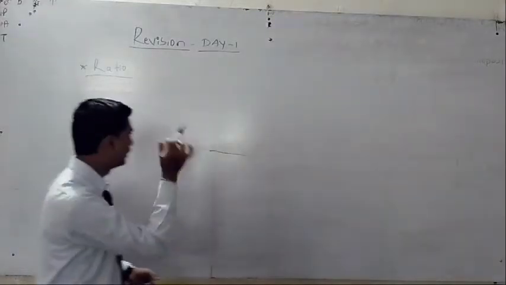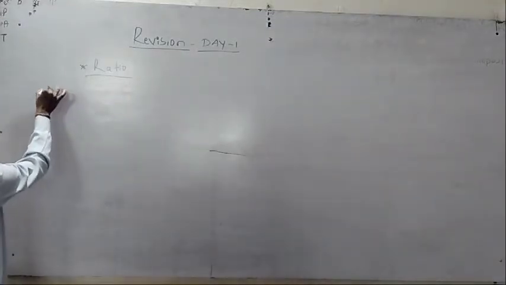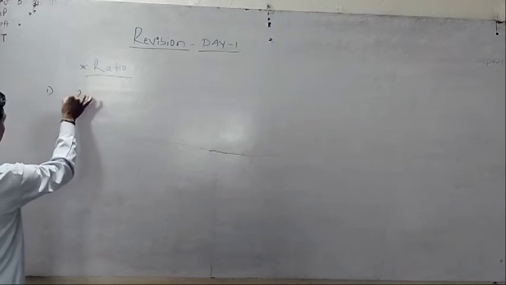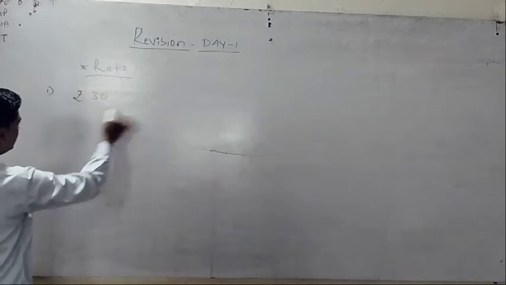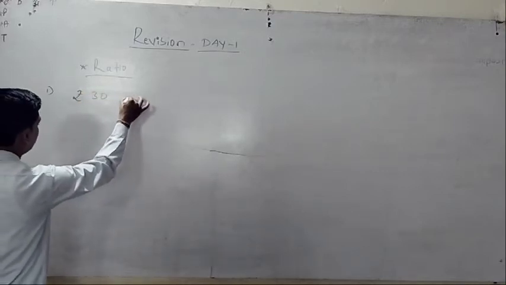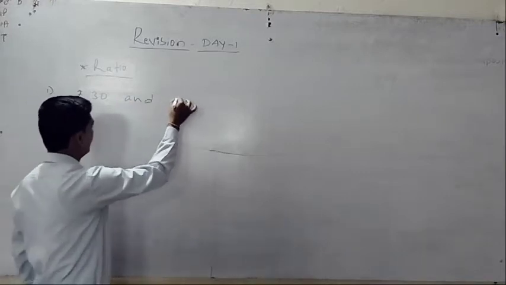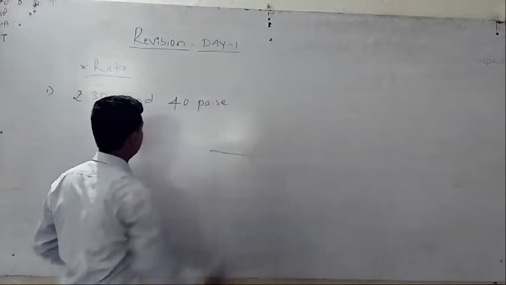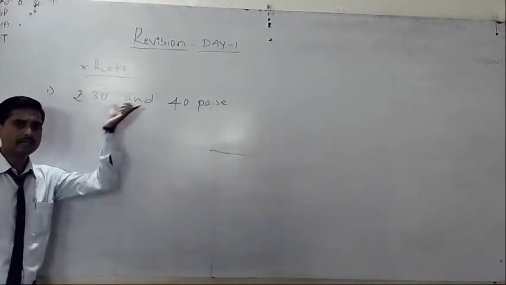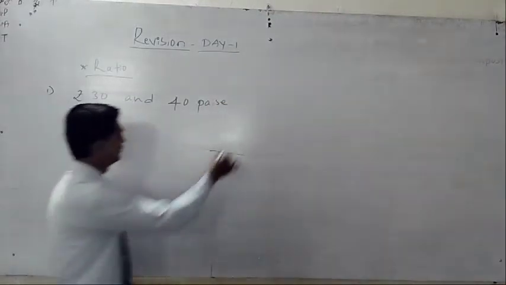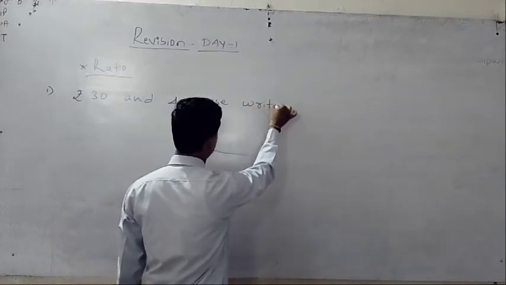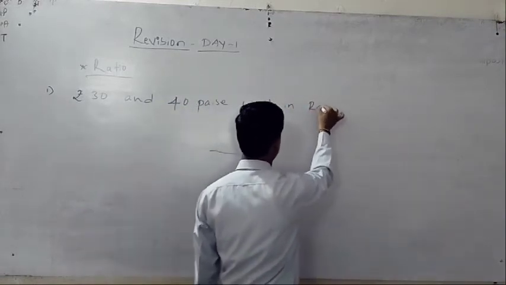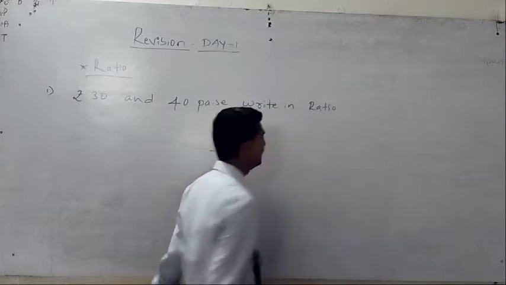Understand? For example, in your textbook so many problems are there. Rupees 30 and 40 paise. You should write it in ratio.